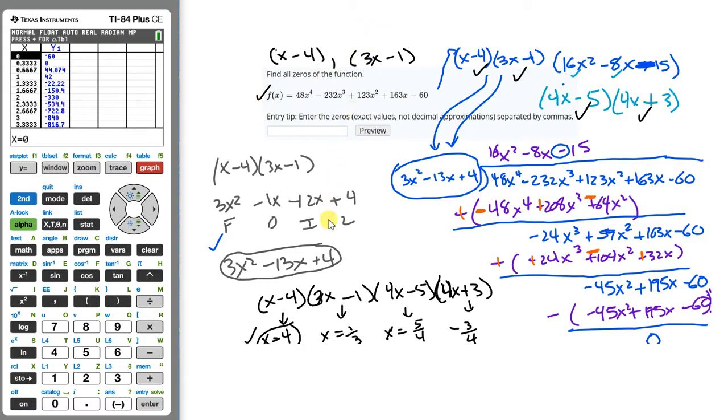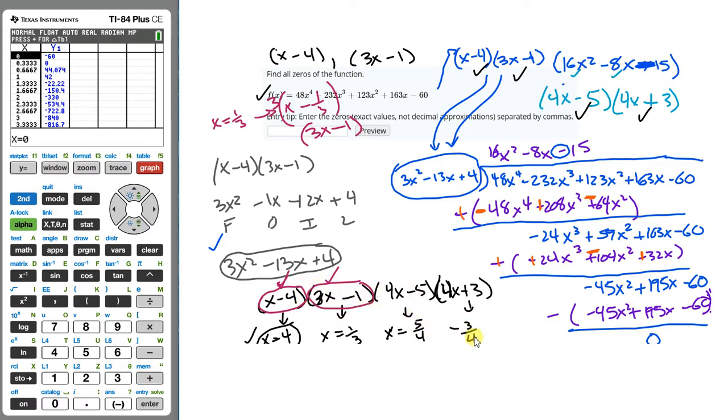So we found x equals 1/3. And remember, when we found x equals 1/3, we converted to x minus 1/3 as the factor, and then we multiplied that factor by 3 to clear the fraction. And so we have 3x minus 1 as the factor, right? So we found this by using delta x equals 1. This is delta x equals 1/3.